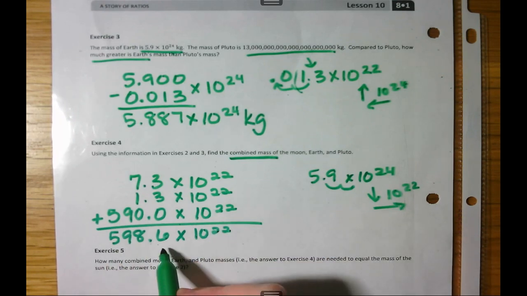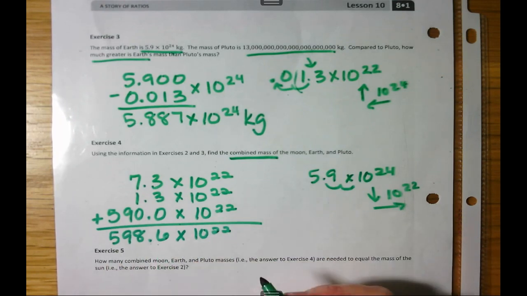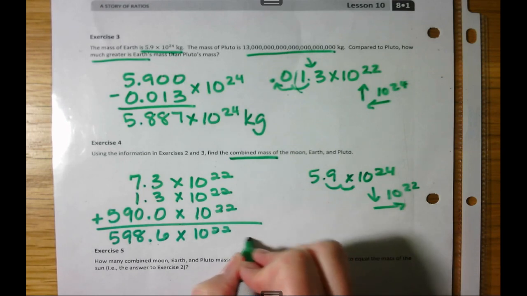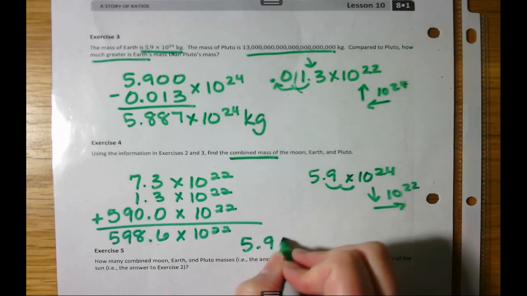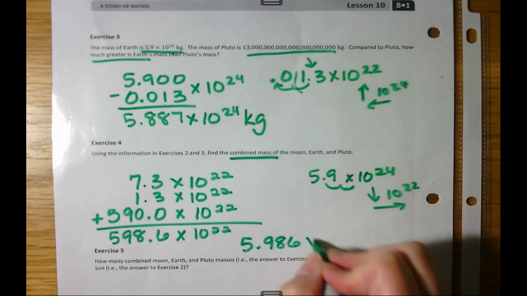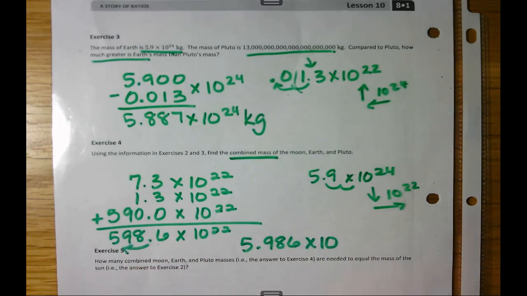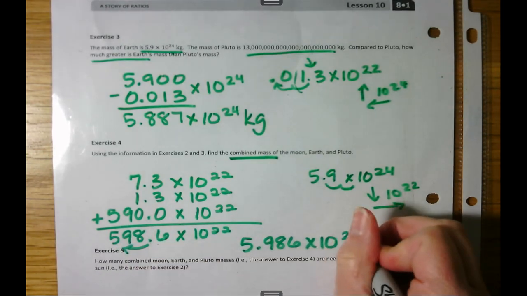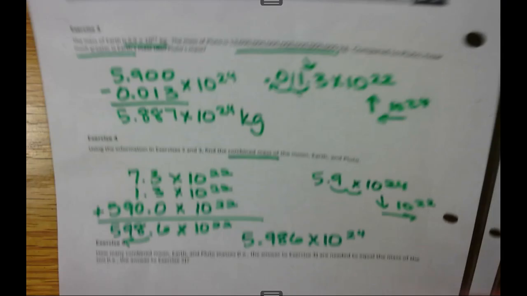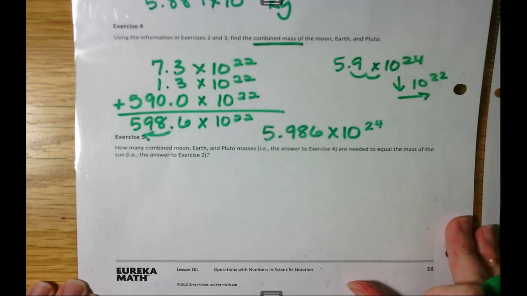However, this is not correct scientific notation, so I have to rewrite it. 5.986 times 10. I move the decimal to the left, which means that I am going to increase it to 10 to the 24th.